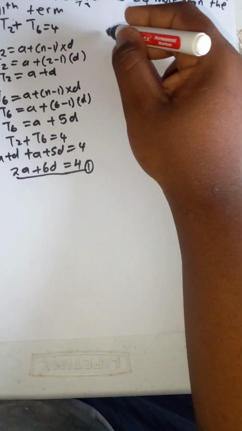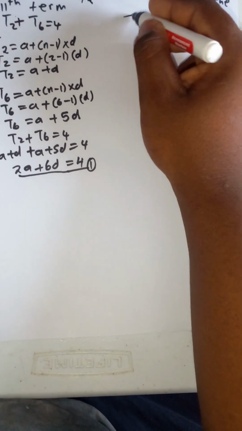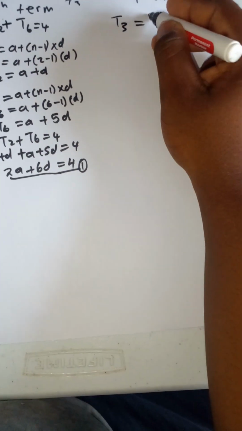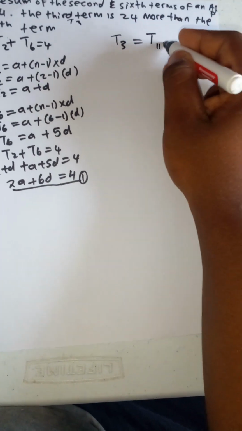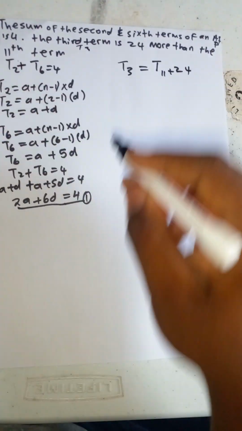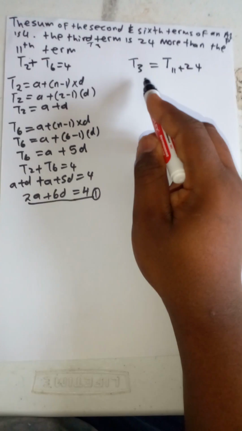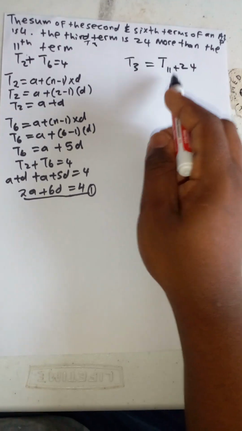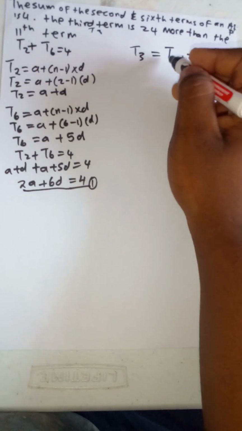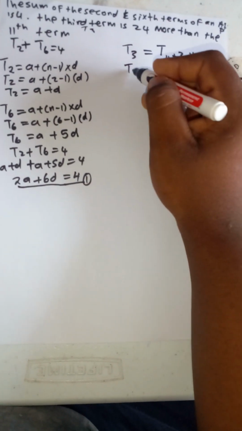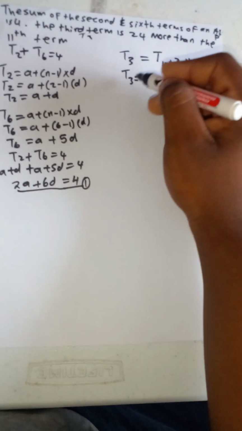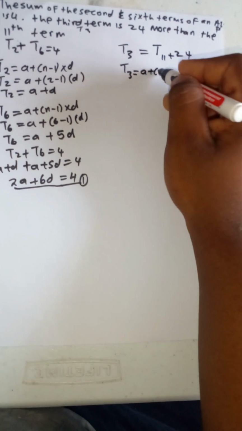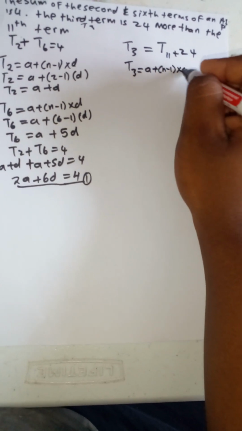That simply means T3 equals T11 plus 24. I'm going to do the same thing and start with T3, which is a plus n minus 1 times d.